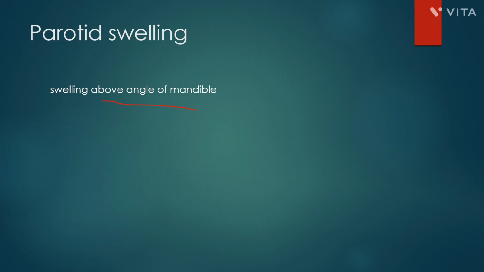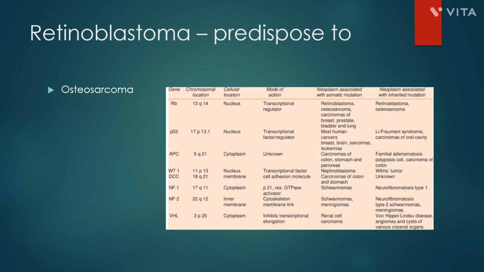It's not highly mobile because it is attached to the zygomatic bone, so it is parotid. Usually in elderly, if it is a tumor, it is usually a mixed tumor called the pleomorphic adenoma.